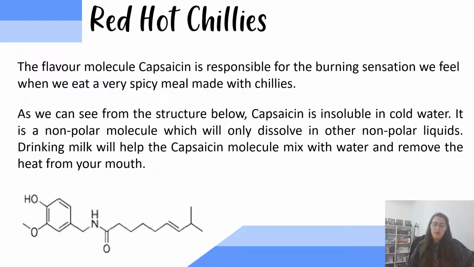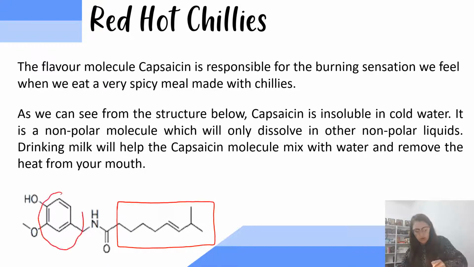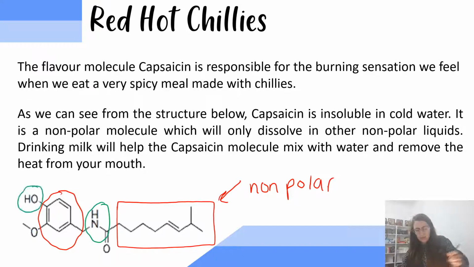So for example, if you're eating capsaicin and you try to get rid of that hot flavour by rinsing your mouth out with water, capsaicin we find is actually quite a non-polar molecule due to the big parts of the molecule which are non-polar. Although it does have some polar groups such as your NH and your OH, overall this molecule is non-polar.